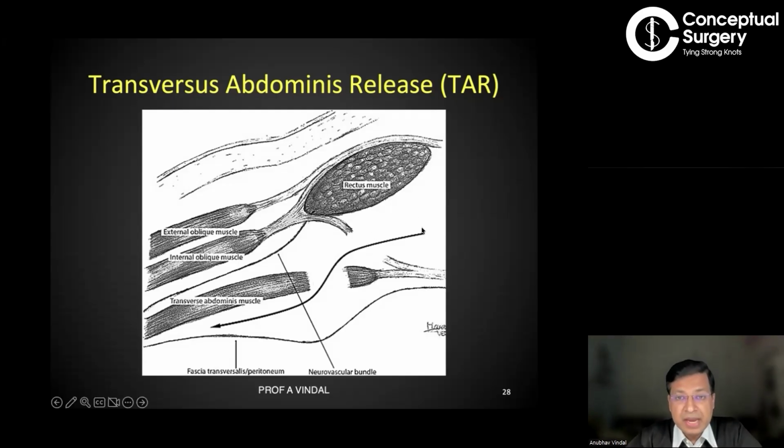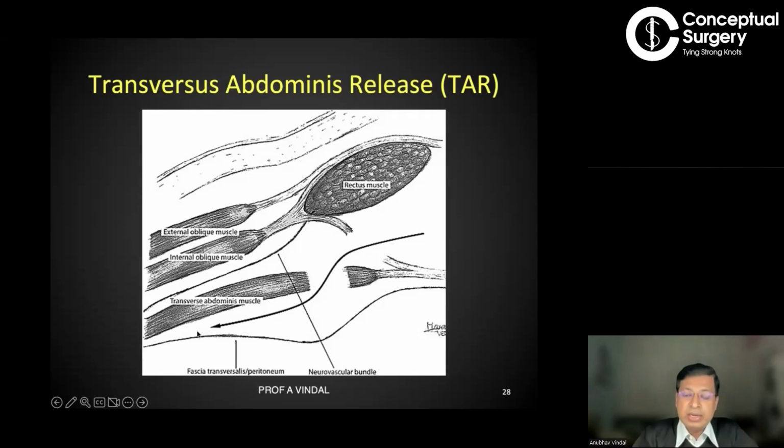And then a mesh can be placed in the same plane where a plane can be created between the fascia transversalis peritoneum complex and the transversus abdominis muscle. The neurovascular bundles, mind you, run between the transversus abdominis and the internal oblique. So they are safeguarded. They don't have any danger of getting injured. You are dissecting between the transversus abdominis and the fascia transversalis.